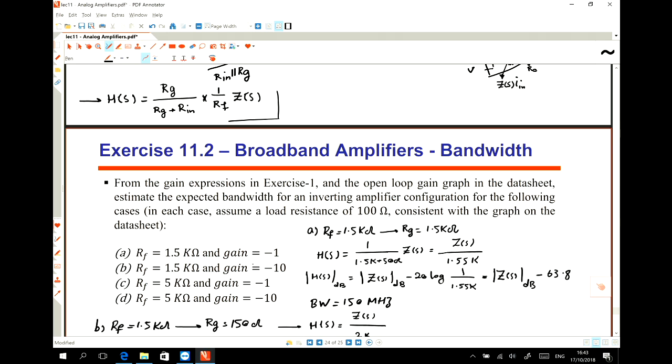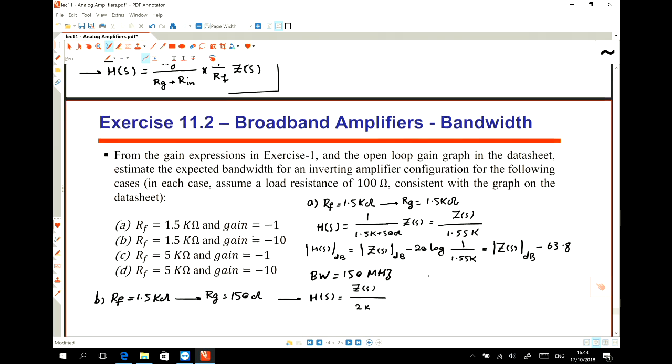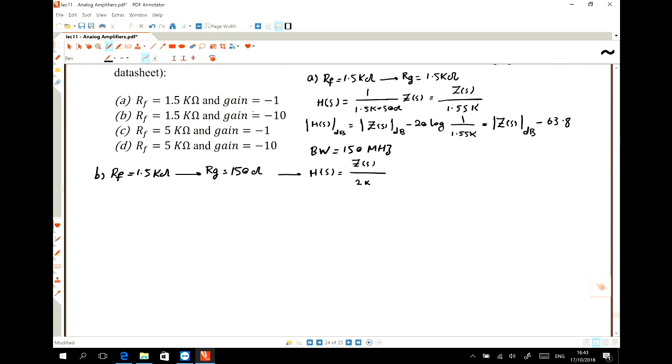Again, following the same procedure, HS in dB equals ZS in dB, this time minus 66.